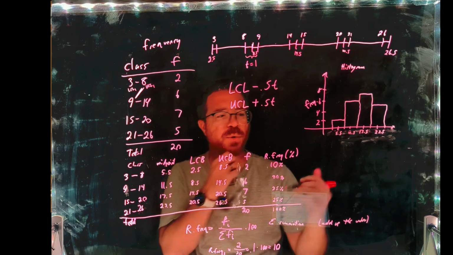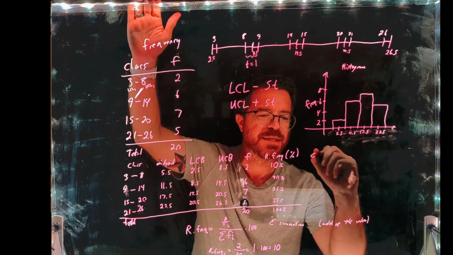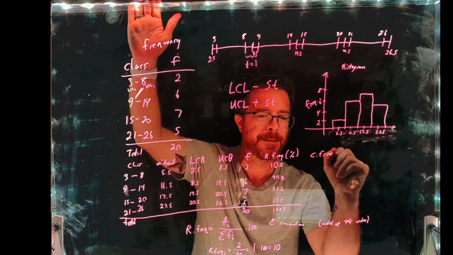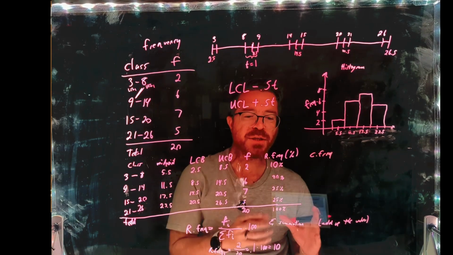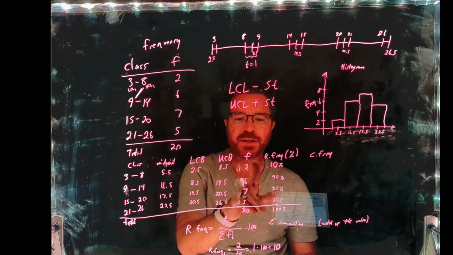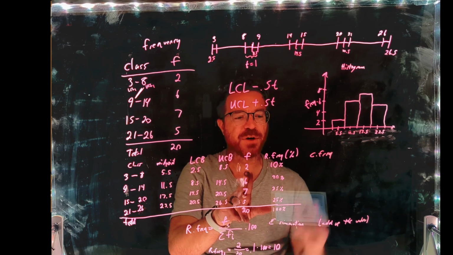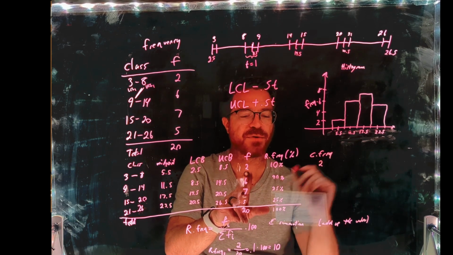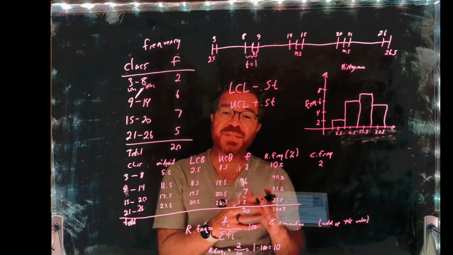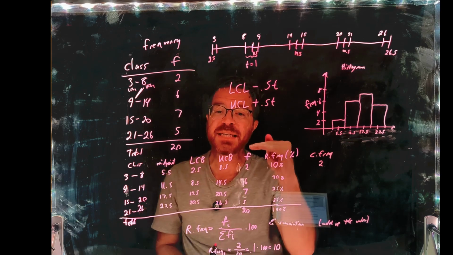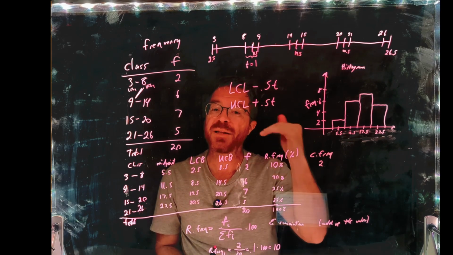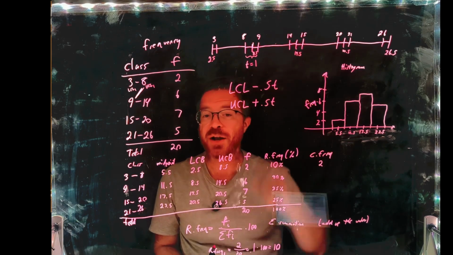So our next thing is going to be our cumulative frequency. So cumulative frequency is just, you take your frequencies, your first cumulative frequency is always going to be the same as your frequency. And the cumulative frequency is just, you take the frequency of the group you're in plus all of the prior frequencies.